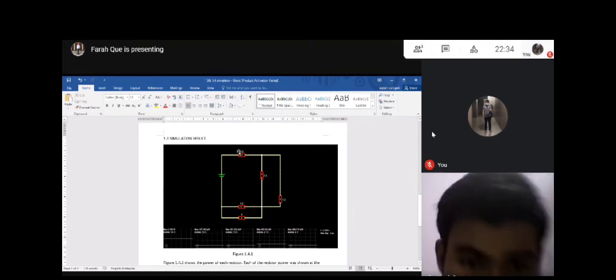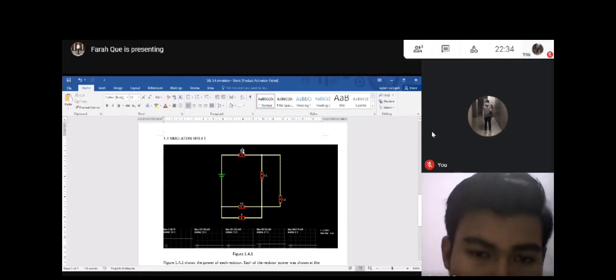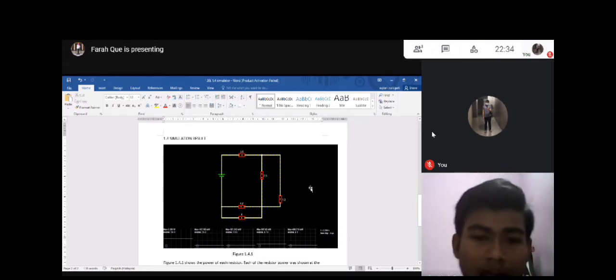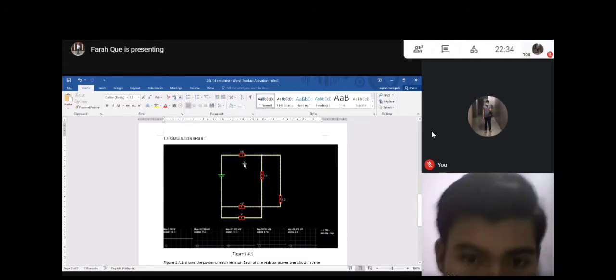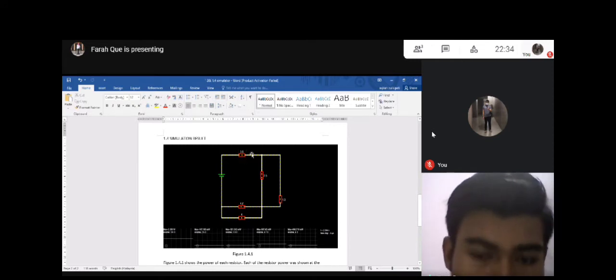As we know, each resistor that we use in our circuit has a different value, and because of the difference in the value, the power for each resistor is also different.